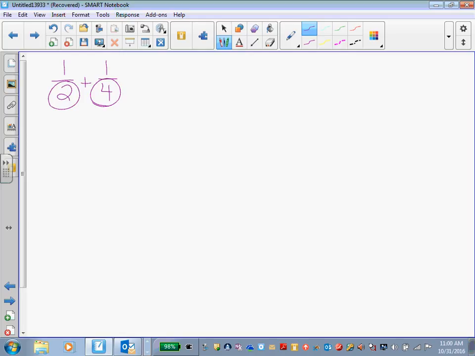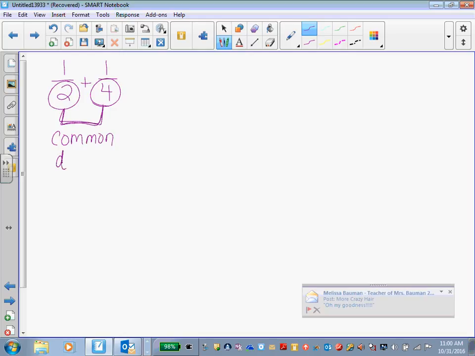You cannot just add 1/2 plus 1/4 without finding a common denominator.